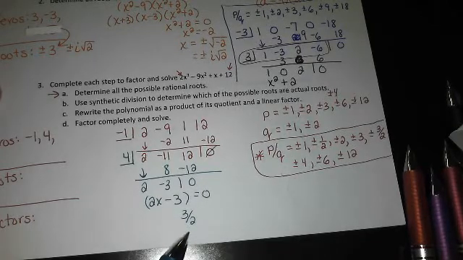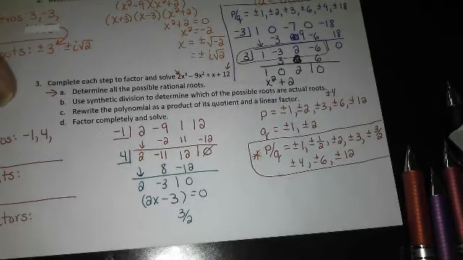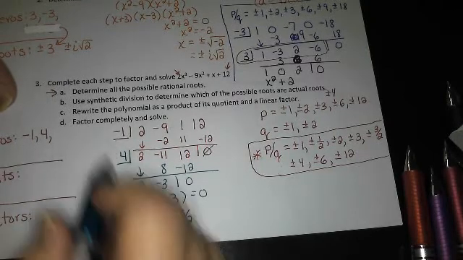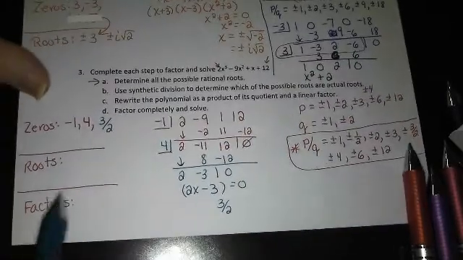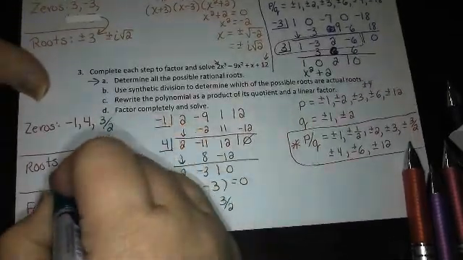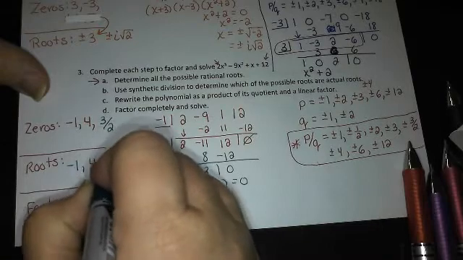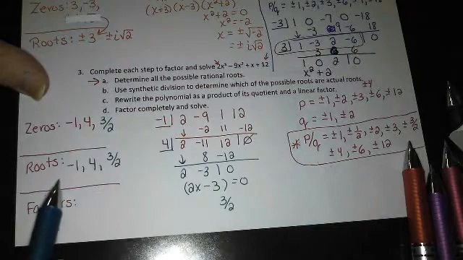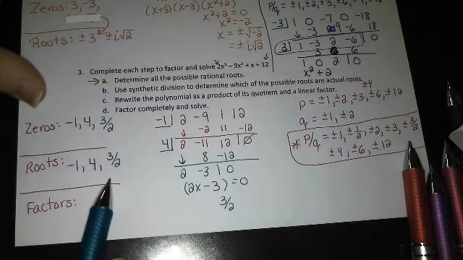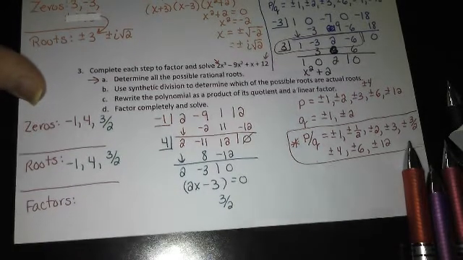So that one wasn't going to show up on my calculator unless you change how it's counting. So my zeros are negative 1, 4, and 3 over 2. And all of those count as roots. So I was supposed to have 3 roots, and I did. And since they're all real numbers, they count.